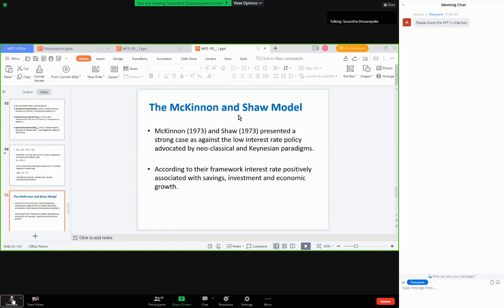First, I need to pass on this message: don't get confused. You are much more familiar with Keynesian thought, so we always tend to think in Keynesian terms.